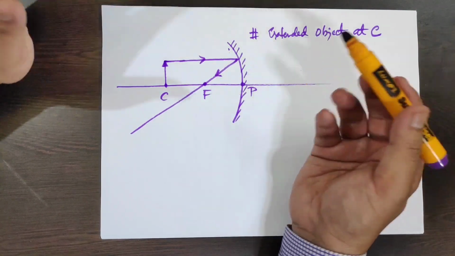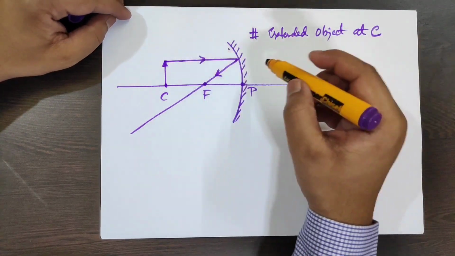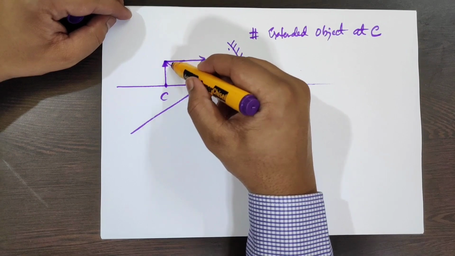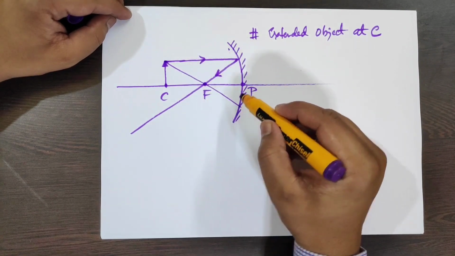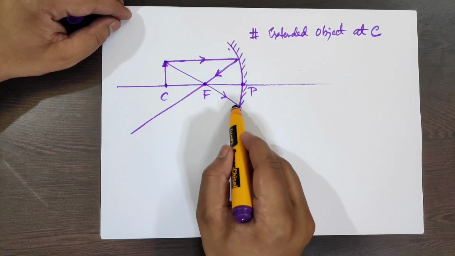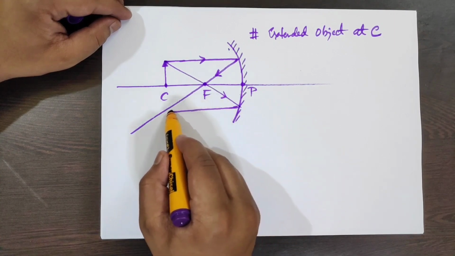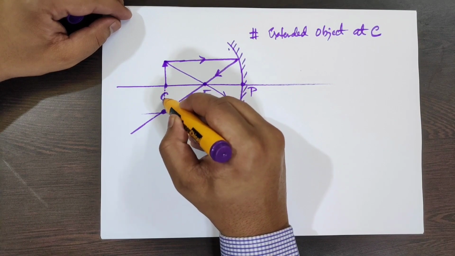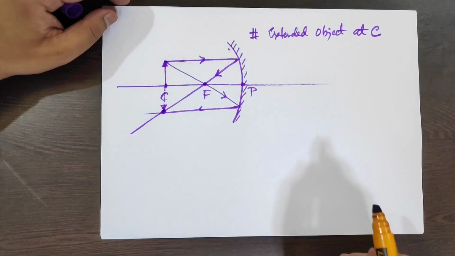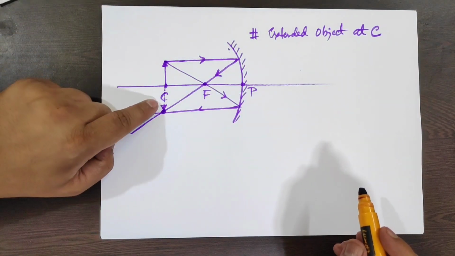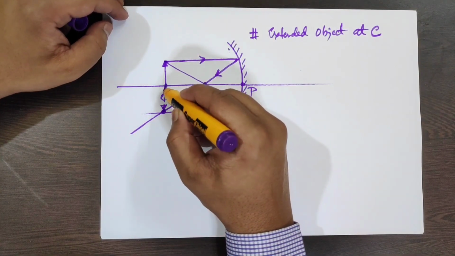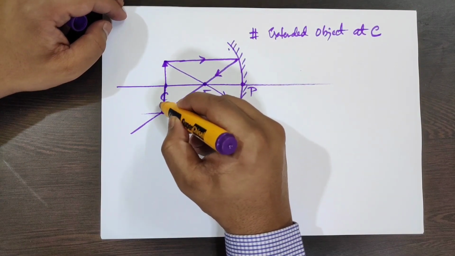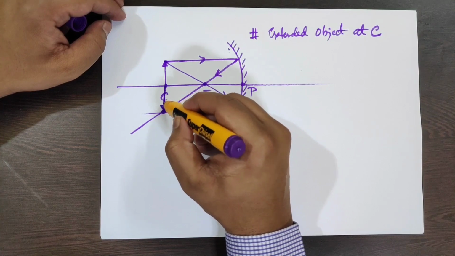Now let's draw one more light ray through the focus. Obviously it will go from here, so this point exactly is this way. So this is the image, sorry, it's not dotted, it's a real image.